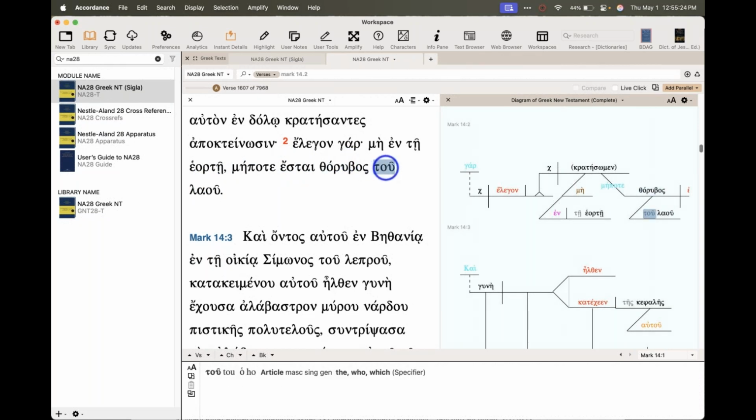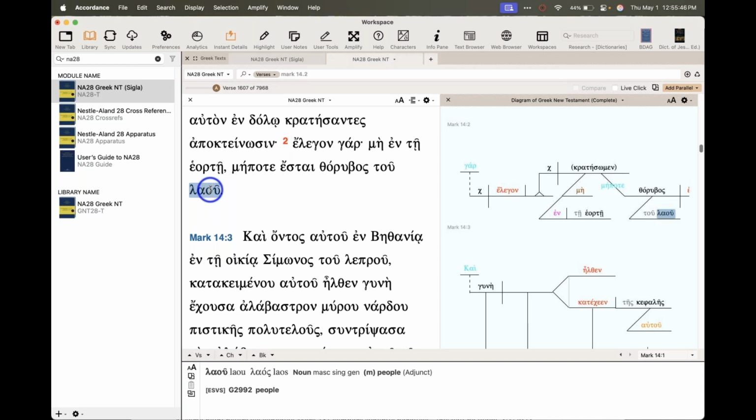That's in the genitive case. So the thorubos, what modifies it is of the people. What kind of uprising? Whose uprising? Well, it would be an uprising of the people. Mark and the religious leaders here don't clarify exactly who the people are, but we've got masses there now.